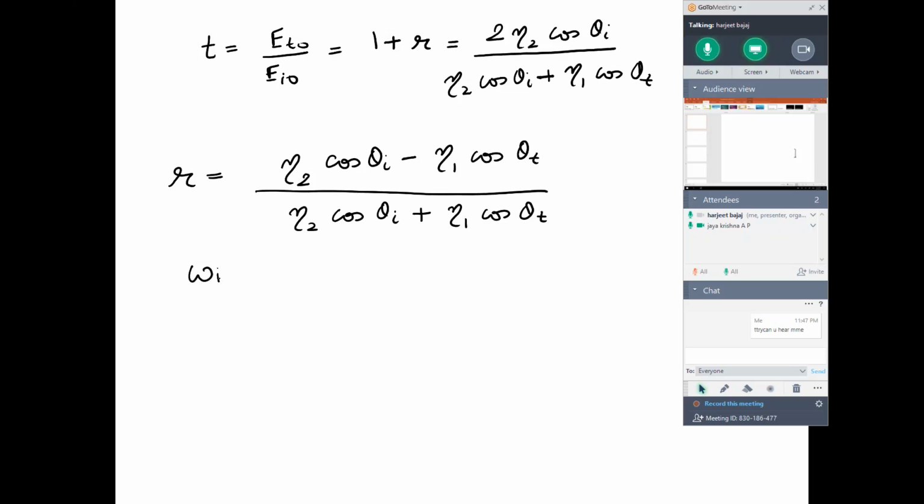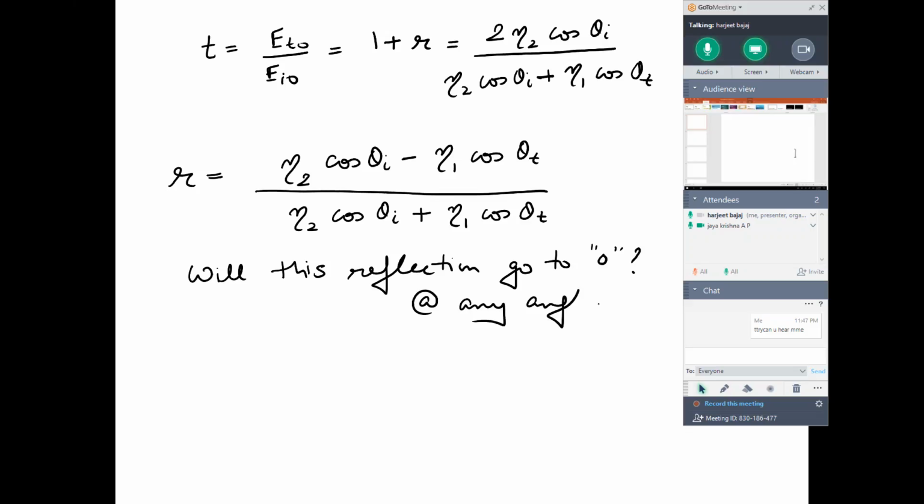Will this reflection ever go to 0 with any angle? At any angle? Well, if the reflection has to go to 0, η₂ cos θᵢ should be equal to η₁ cos θₜ.